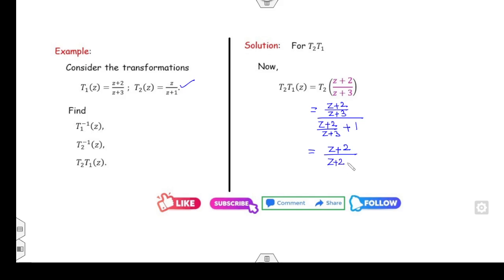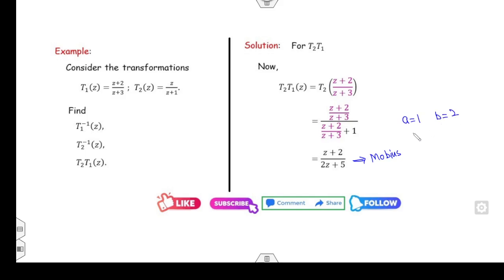Then it is Z plus 2 over Z plus 2 plus Z plus 3. So that becomes Z plus 2 over 2Z plus 5. Again, you can see the transformation is a Mobius transformation. Why? Because A is 1, B is equal to 2, C is equal to 2, D is 5. Again, AD minus BC is non-zero.